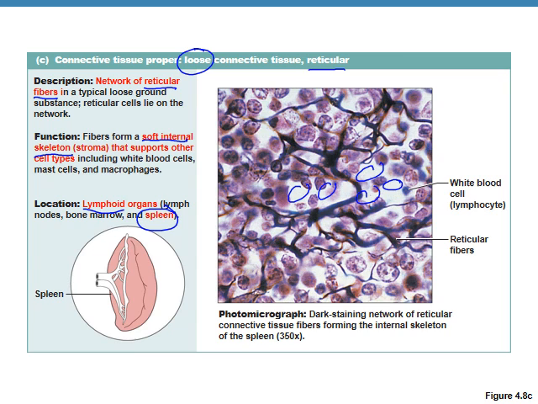So again, we see this in the lymph system, which we won't talk about till 202. We see it in the spleen. But basically, these reticular fibers actually create a framework or scaffolding for white blood cells to sit on in your lymph system and wait for fluid to pass by and then attack any foreign pathogens that aren't supposed to be there.